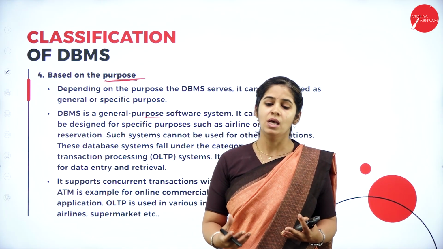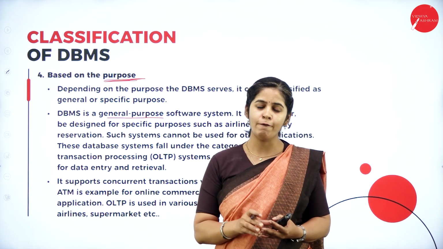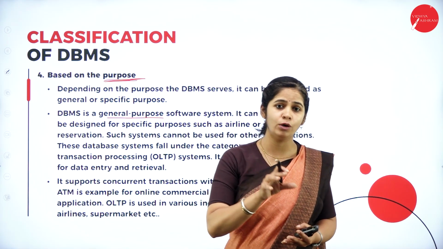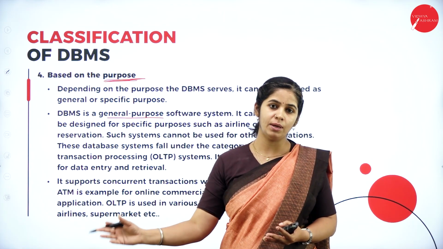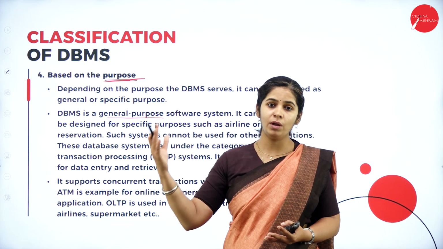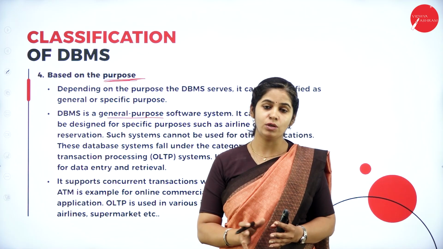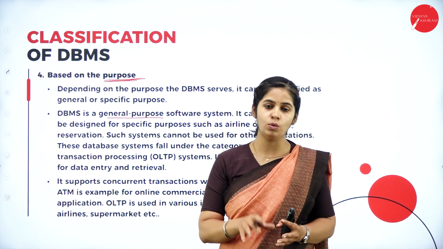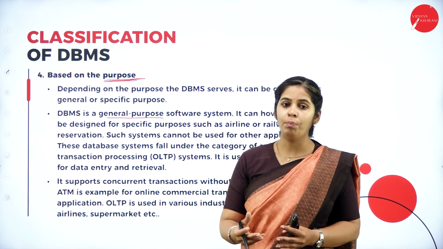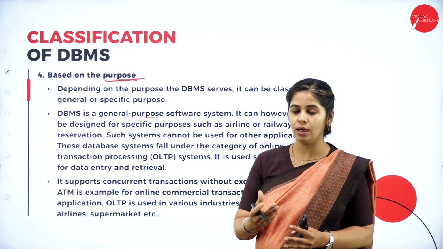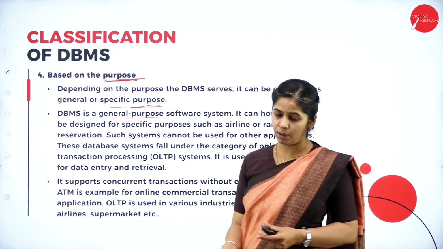For specific purpose, take a medical hospital: they have only the database related to medical matters or to the patients. They don't maintain the database of all the people of the country. They maintain only the database of their clients or patients who have visited their hospital or clinic. So that is a specific purpose database. Depending on that we have general purpose and specific purpose databases.